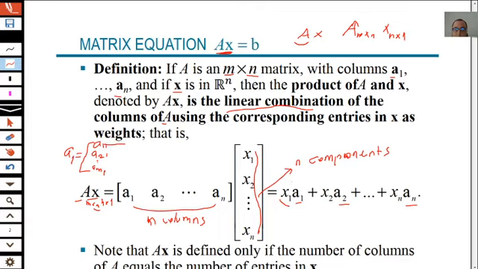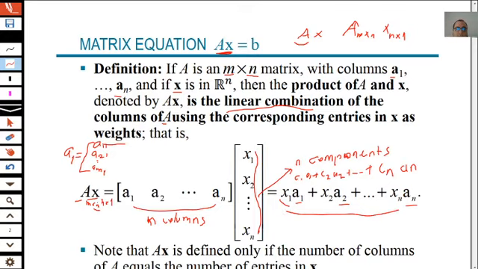If you write the components as c1, c2, up to cn, you can write c1 a1, c2 a2, up to cn an. The notation is not important for stating the components of the vector. So here we write x1, x2, up to xn for the weights of the linear combination.